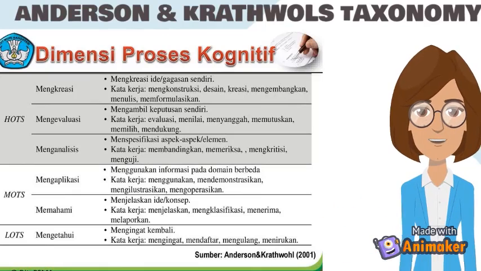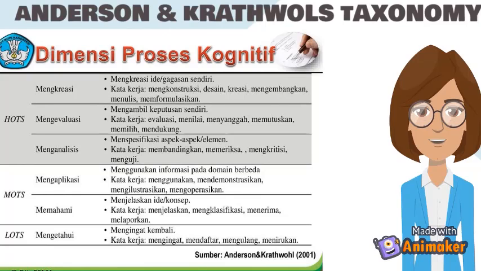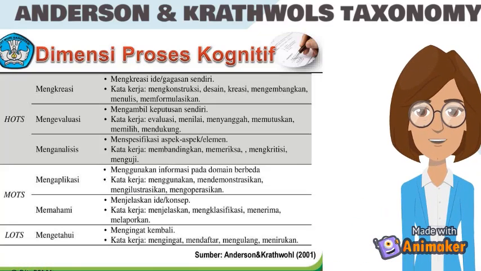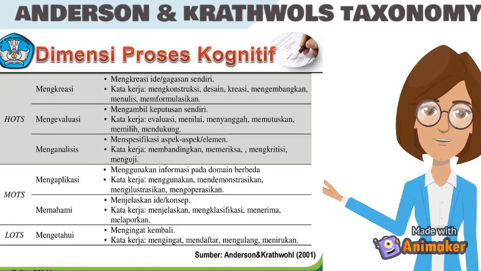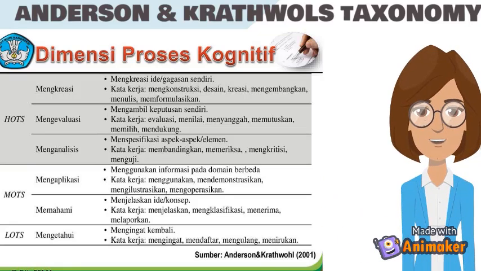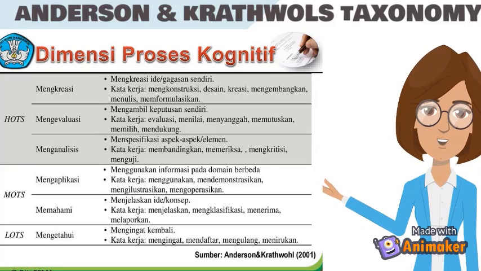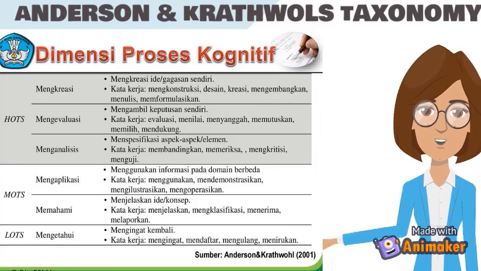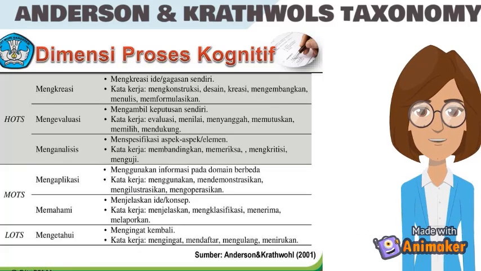Now, based on Anderson and Krathwohl, they have separated the verbs into three categories, which are LOTS, MOTS, and then HOTS. In lower order thinking skills, we have mengetahui, in which they remember, and the verbs that we can use are remember, register, repeat, and so on. And then in medium, we have mengaplikasi and memahami, which is almost the same as Bloom's taxonomy, but here they separate it into three categories.